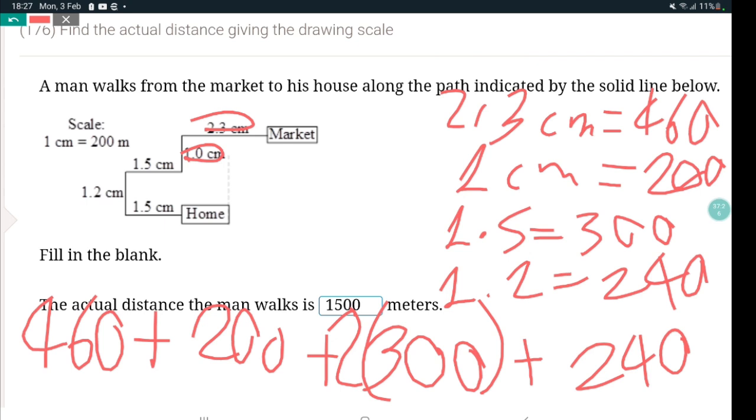I'll just double check to make sure. 460 plus 200 plus 2 times 300 plus 240.